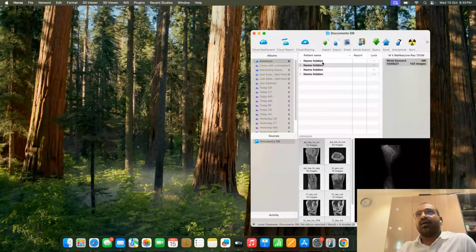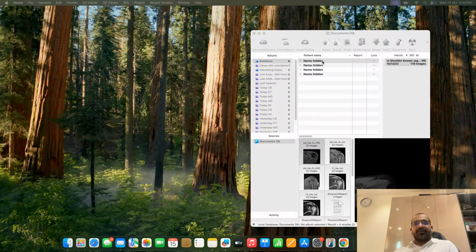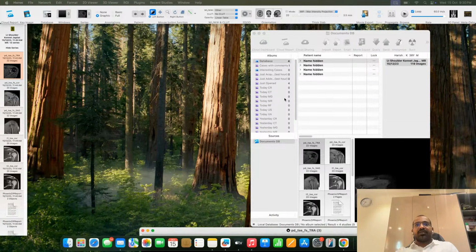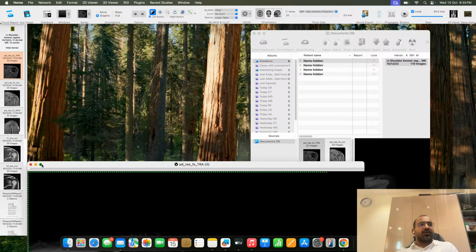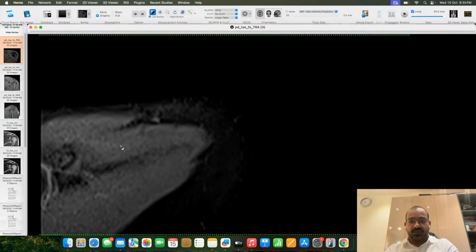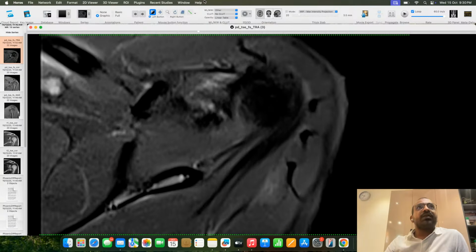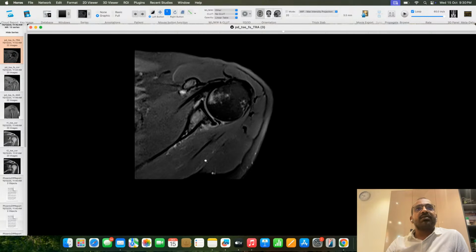And one more thing, which is the shoulder. If you can see, it's a young adult of almost 24 years. I'm showing you the axial PD images.